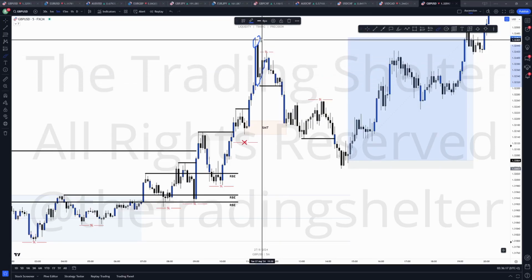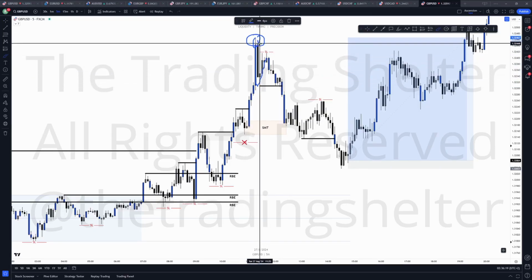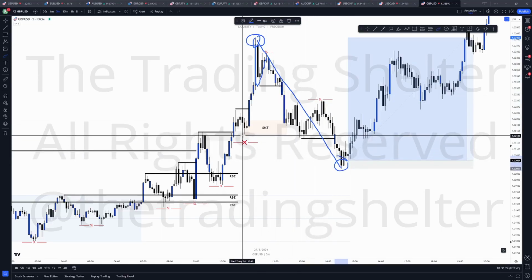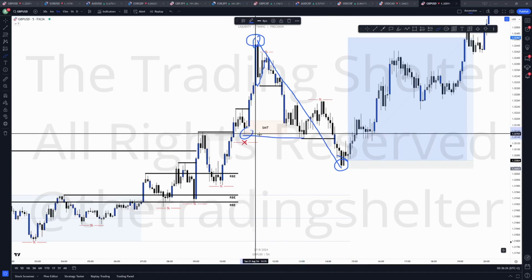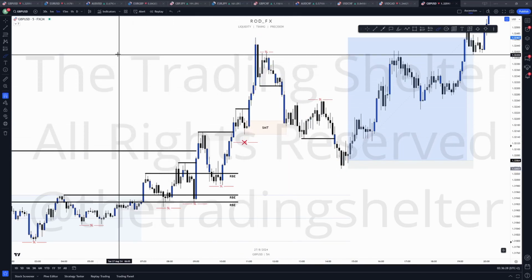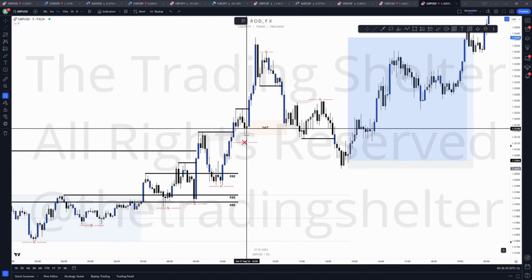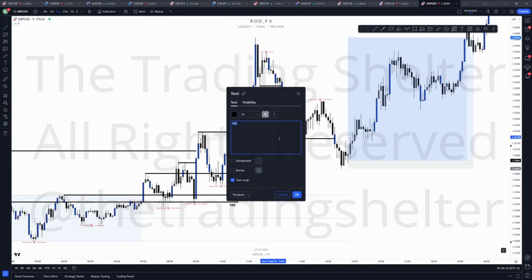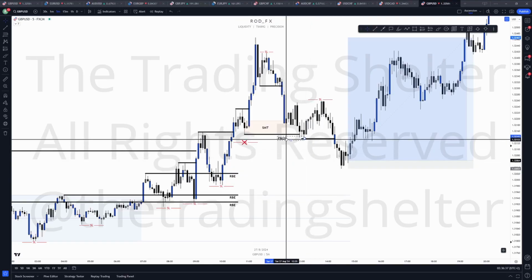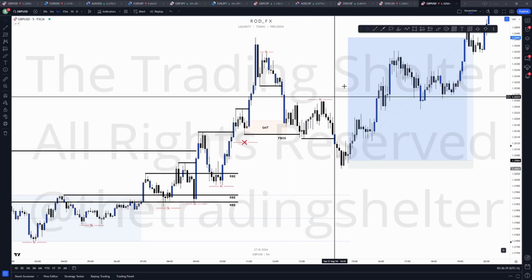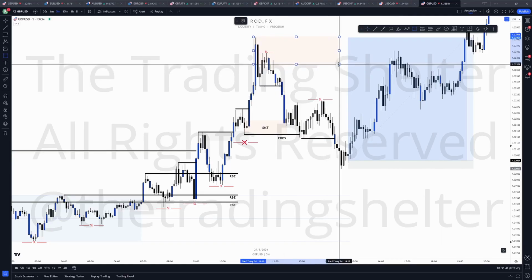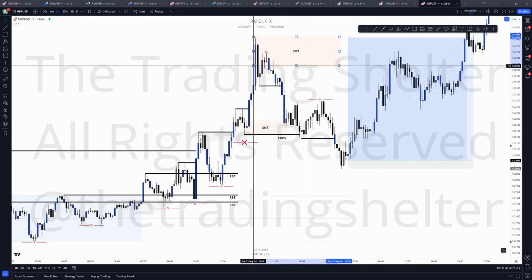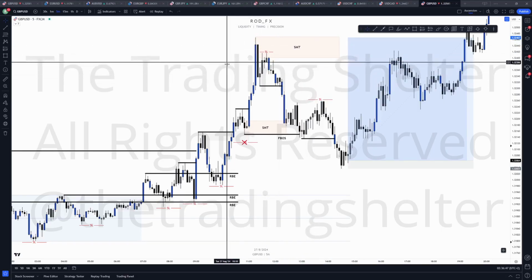If you look at the structural leg, this point has made this structural leg low, and this has been the structural break. So this is what we call, remember, a false break of structure. So if this is a false break of structure here, how is this zone called? Smart money trap. Okay. Let's keep it like this, so you guys can understand.